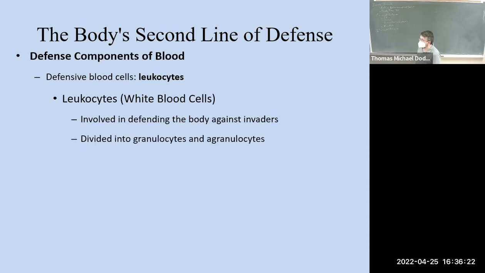So here we've got white blood cells. I'll try to use the word white blood cell with anything that I ask you. Although sometimes you might also see leukocyte. It's the same thing. Okay, so we've got white blood cells. Okay, and there are two kinds.